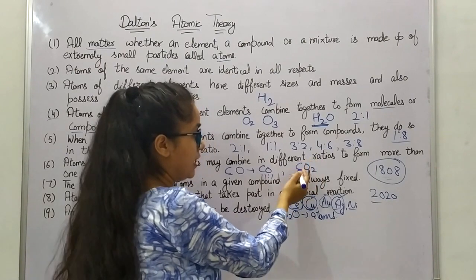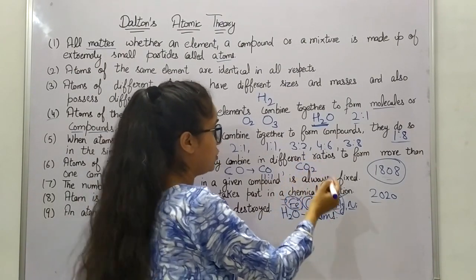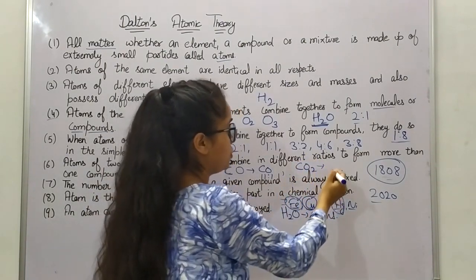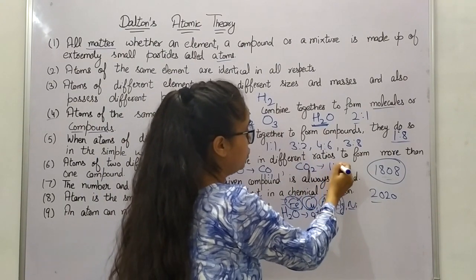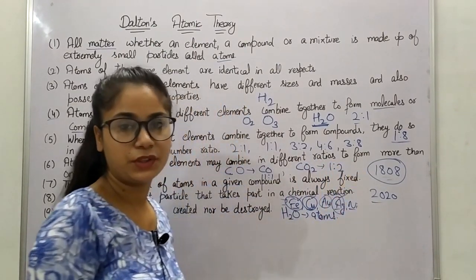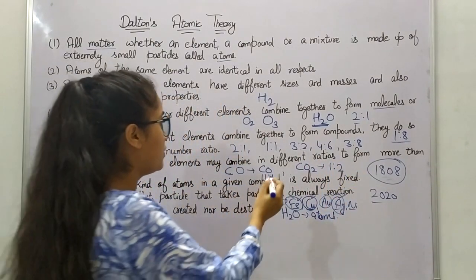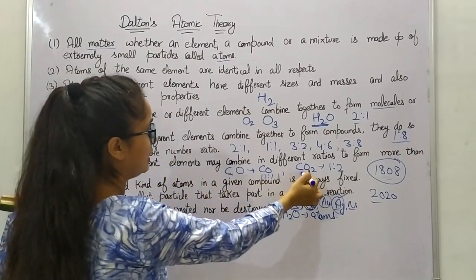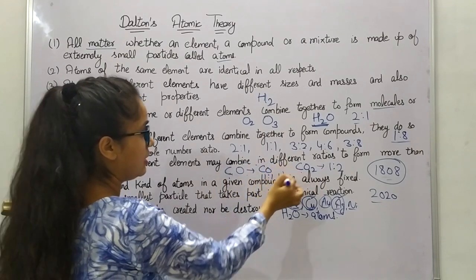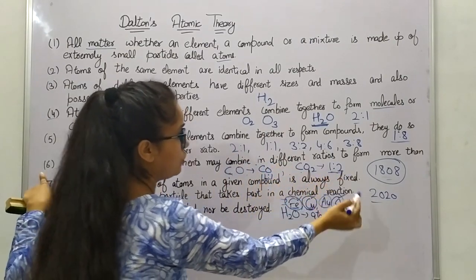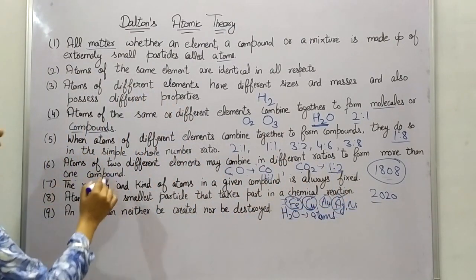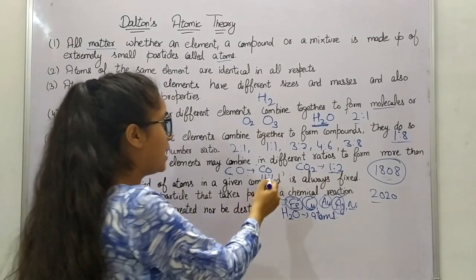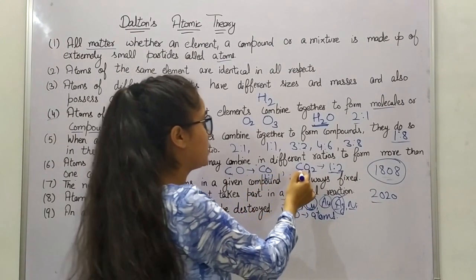There is an atom of carbon, there are atoms of oxygen, and they have the ratio of 1:2 here, according to the formula, right? So you see, atoms of two different elements combined in different ratios to form more than one compound. This is carbon monoxide, this is carbon dioxide.